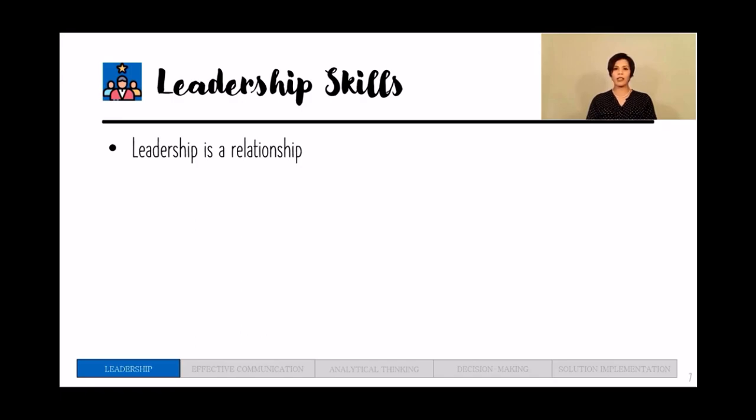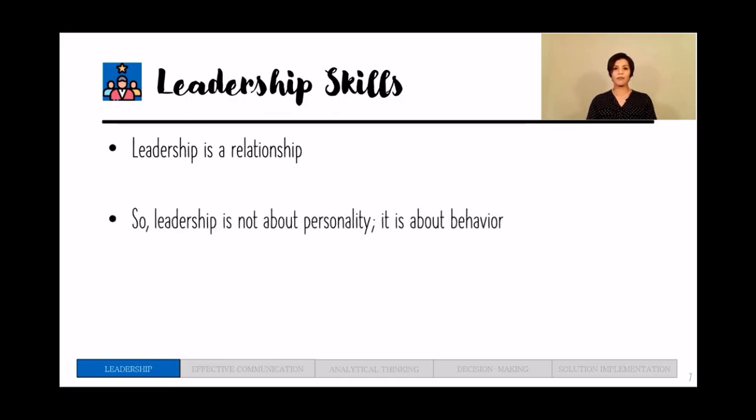This revelation challenges the belief that leadership is reserved for only a few charismatic men and women, and that leadership is only found at the highest levels of an organization or society. Leadership is an identifiable set of skills and abilities available to all of us. So leadership is not about personality, it is about behavior.